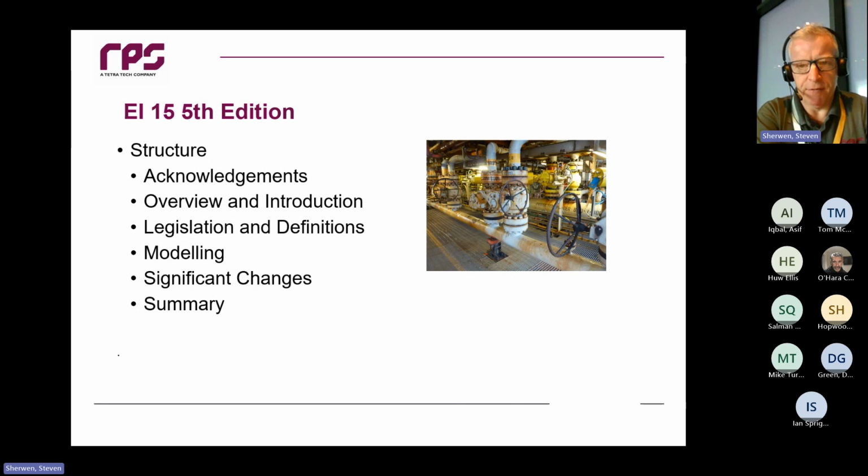We'll have a very brief overview of why it's there, what the legislation requires, and what zones are. Then I'll get to the nitty-gritty and talk about what differences there will be on zone extents, and also some of the qualitative changes in the guidance that hopefully make it easier to interpret and easier to apply to end customer sites.